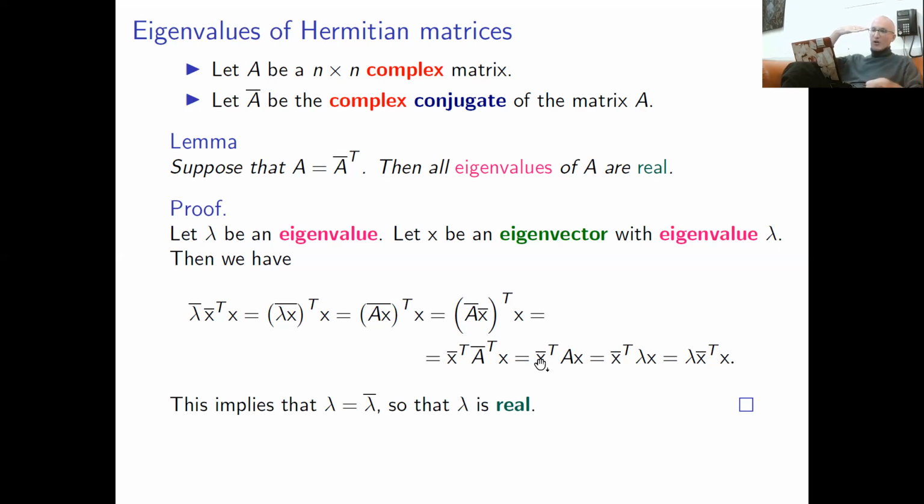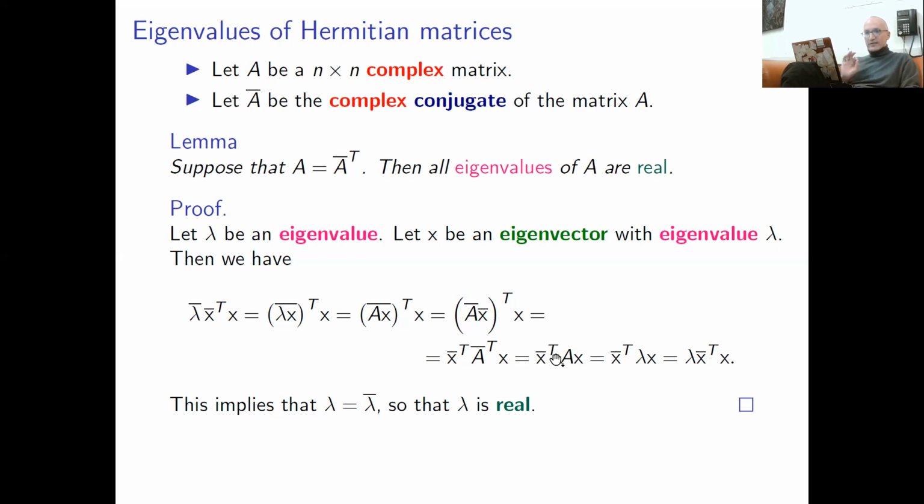We deal with vectors as columns, vertical, but when you take the transpose, it becomes horizontal. This looks like a dot product, but it's called a Hermitian product. You will learn it later. Conjugation means you conjugate every entry of vector X. So you get this.